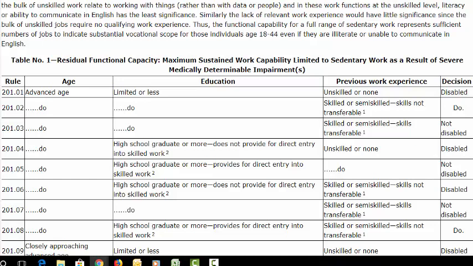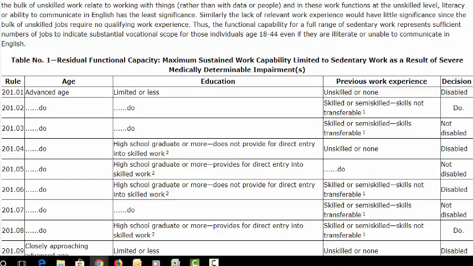So what you're looking at here is a residual functional capacity grid, as they call it, which breaks down an individual's age, education, work experience, and work capabilities into the type of work that they can do to determine if they are eligible for disability.